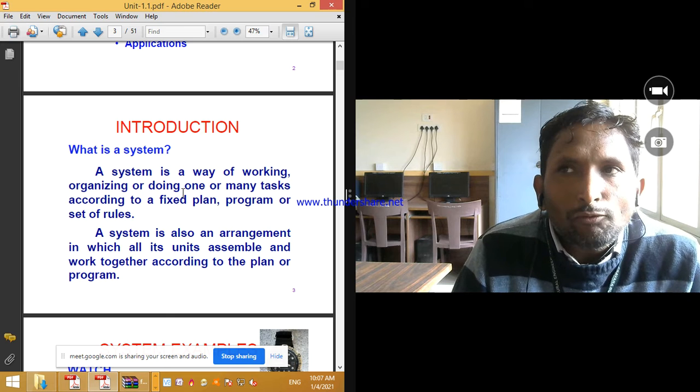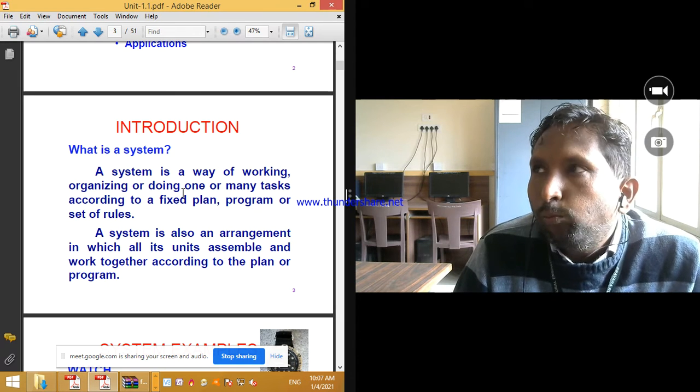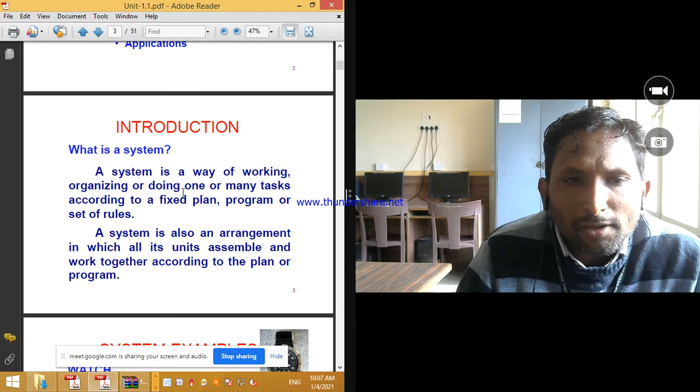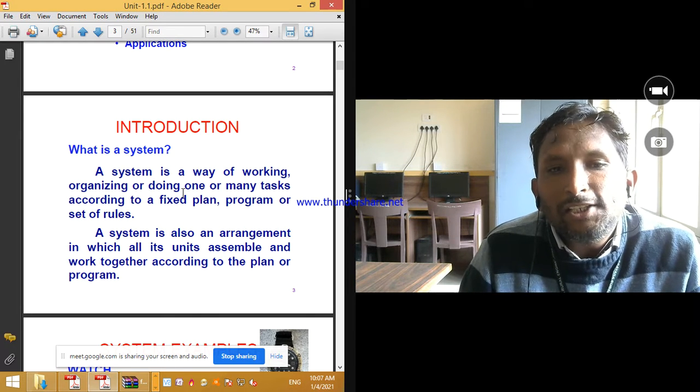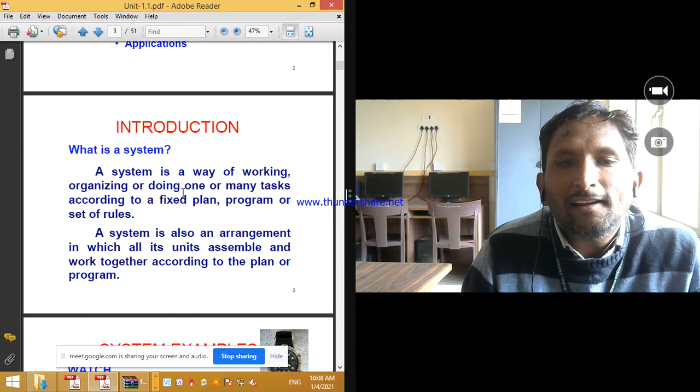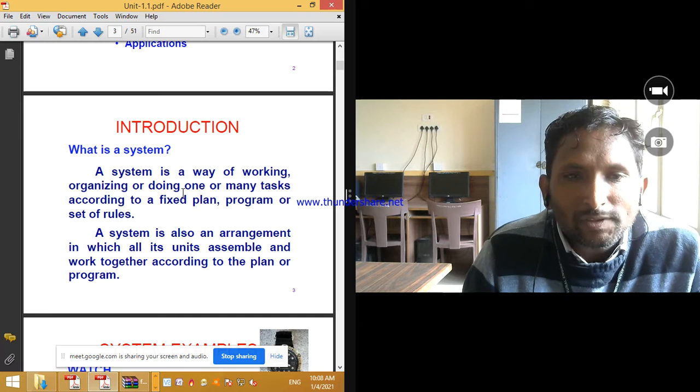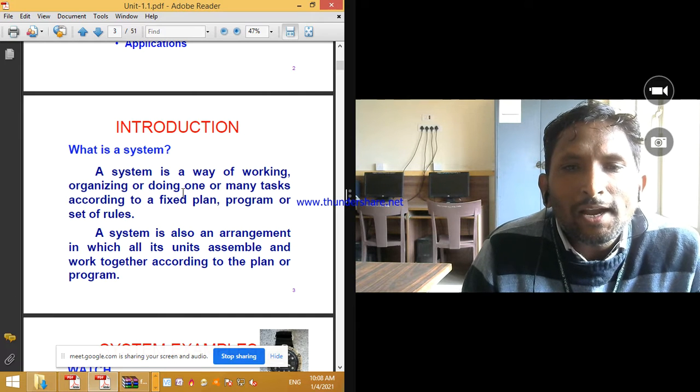embedded means, the word embed means pour. Embed means to put something into a chip, and according to that the chip works. Chip means integrated circuit, that is IC, right? Called as embedded.